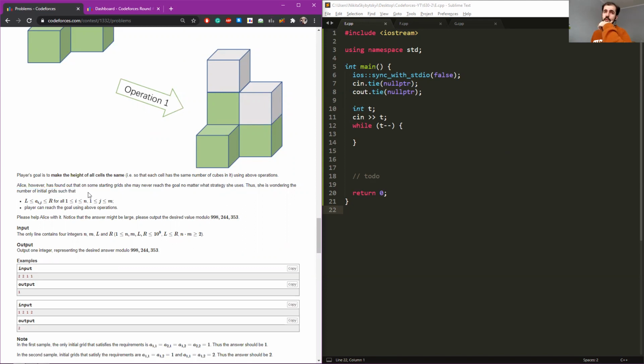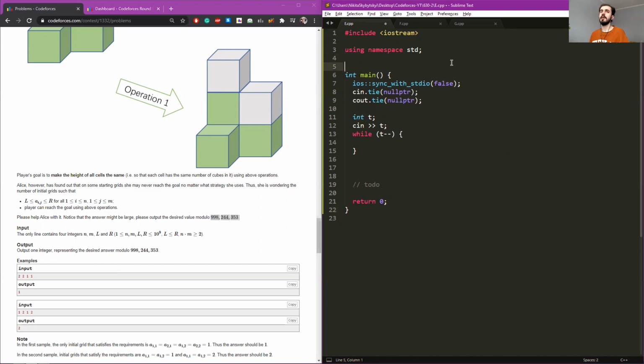What's the number of initial grids such that every element is between L and R that can reach the goal? Well, it obviously has nothing to do with fast Fourier transform, although we may need some binomial coefficients.